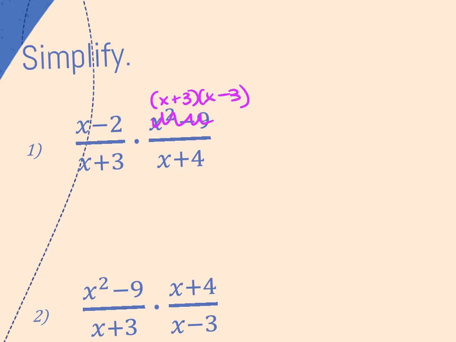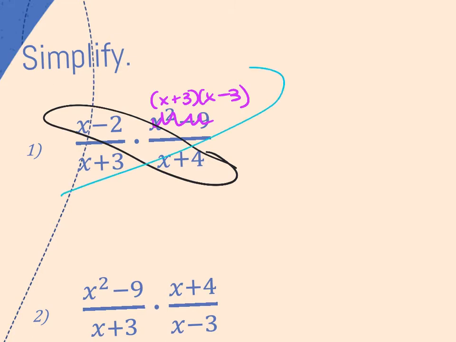So I can cancel top to bottom. If there was something on just this side, I could cancel top to bottom like we did yesterday. I would, but there's not. The other option I have is a cross cancel. So if I look at x minus 2 and x plus 4, there's nothing to cancel from there. But if I look at x plus 3 and then x plus 3 and x minus 3, I can cancel out the x plus 3s. Now look at what's left in my numerator.